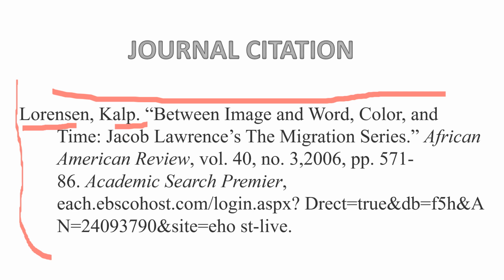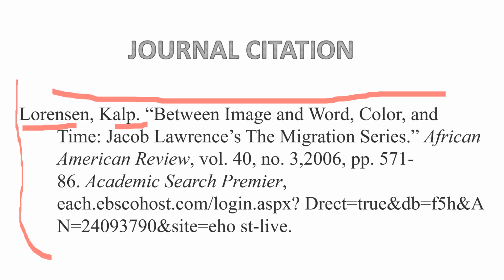When you are going to cite any journal, you have to put the surname of the author at the beginning, then a comma, then the first name, then a full stop. Then, as in the book chapter, the article title is kept inside double inverted commas.